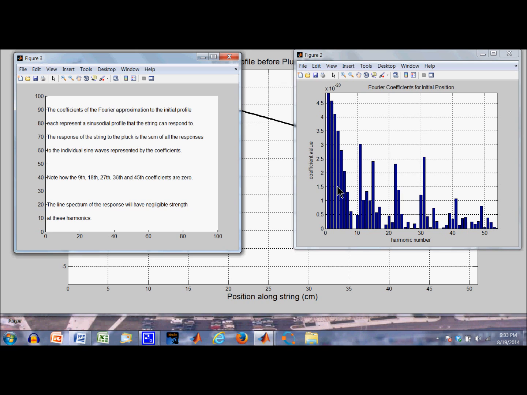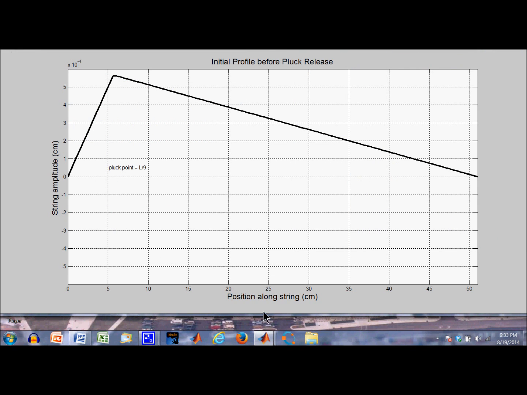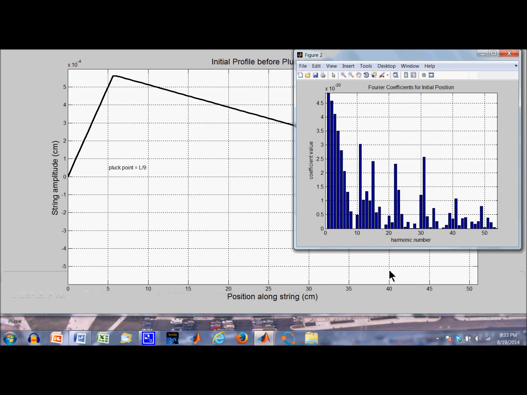And you could take each sine wave by itself and send that as the initial position, and then look at the response to that one particular sine wave. And then at the end you could add them all up, and that'll give you the solution to this shape we see right here. The reason I mention this is because we would then expect the spectral response of the final result not to have anything at these multiples of 9 harmonics, because there's no input at those harmonics.